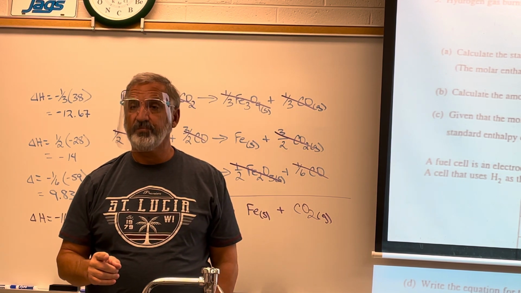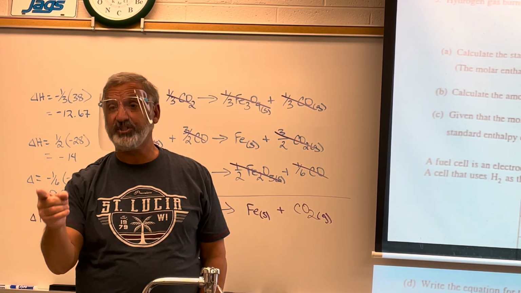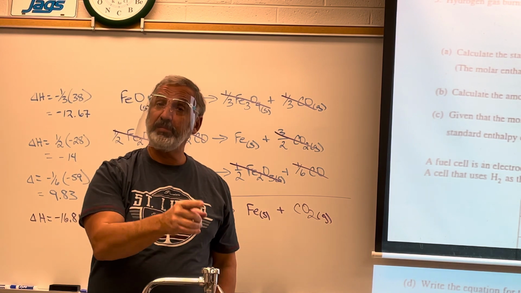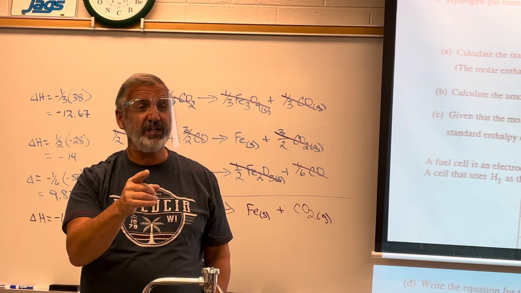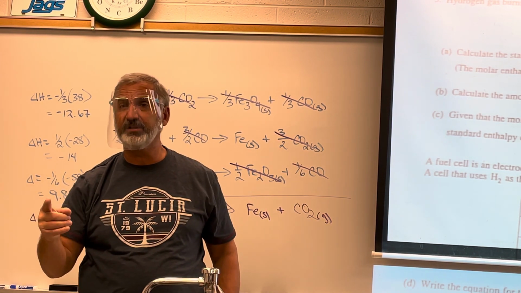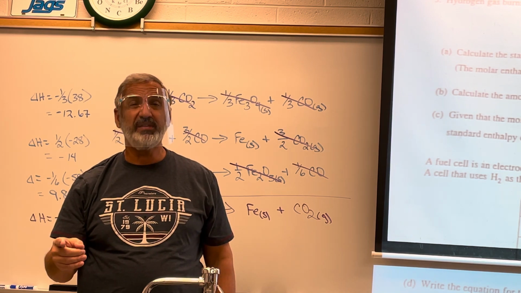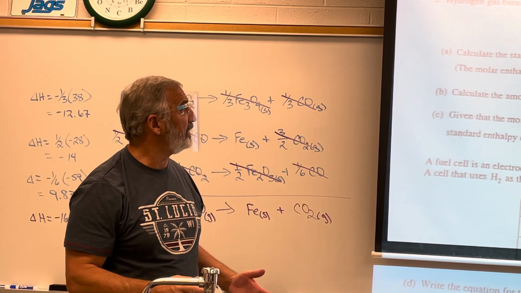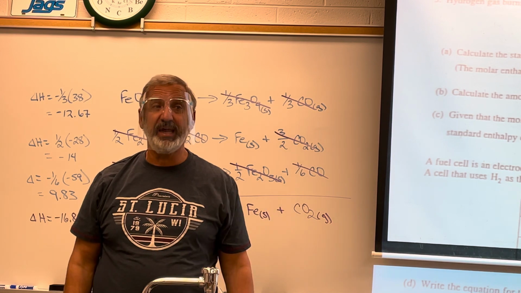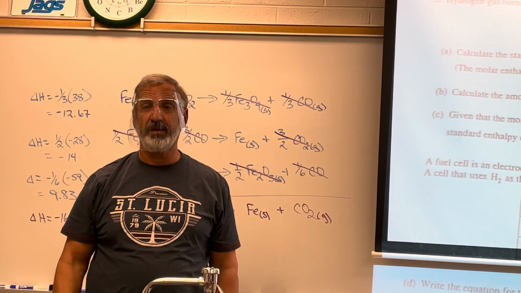Products minus reactants. Well, that's heat of reaction. Yeah. And we use the heats of formation, but when we're calculating the heat of formation, what are we really calculating? When we say the heat of formation of water is negative 285.8 kilojoules, what does that mean?